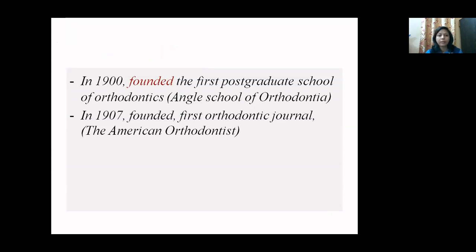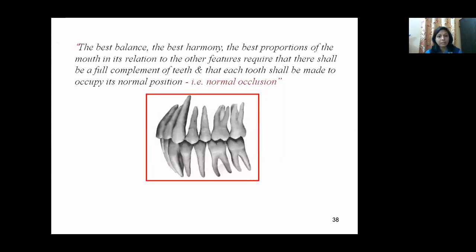In 1907, he founded the first orthodontic journal, the American Orthodontist, which is a pioneer journal in the field of orthodontics. He stated, the best balance, the best harmony, the best proportions of the mouth in its relation to the other features require that there shall be a full complement of teeth and that each tooth shall be made to occupy its normal position, that is, normal occlusion.